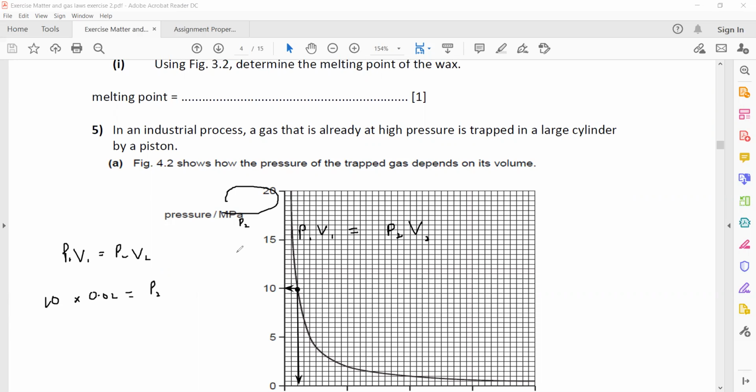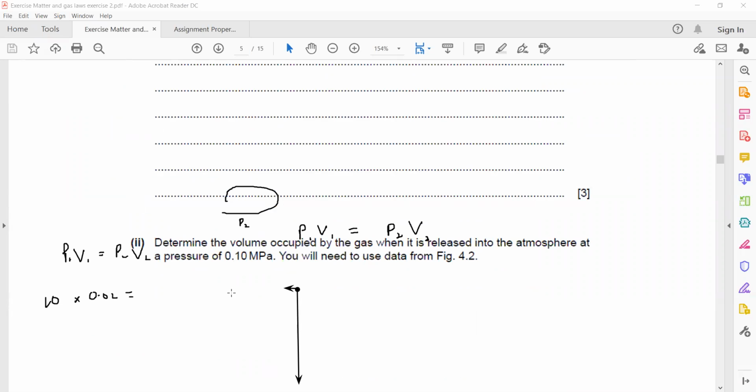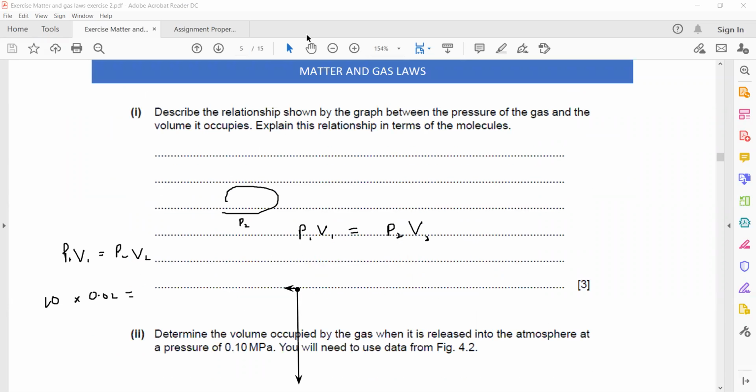Sorry, P2 is 0.1. That's given in the question. V2 we are finding. P2 is 0.1 megapascal, so 0.1 times 10 to the power 6 I can substitute. But because it is a ratio, I don't have to convert the unit. So when I solve this, I'll get the final answer. Is it clear?